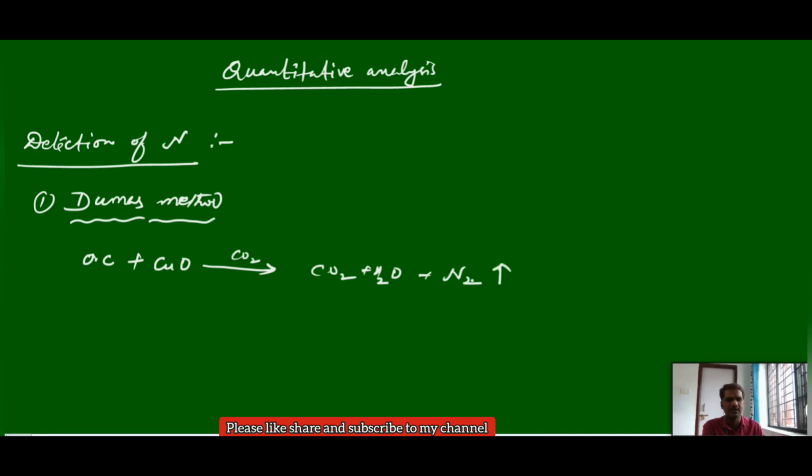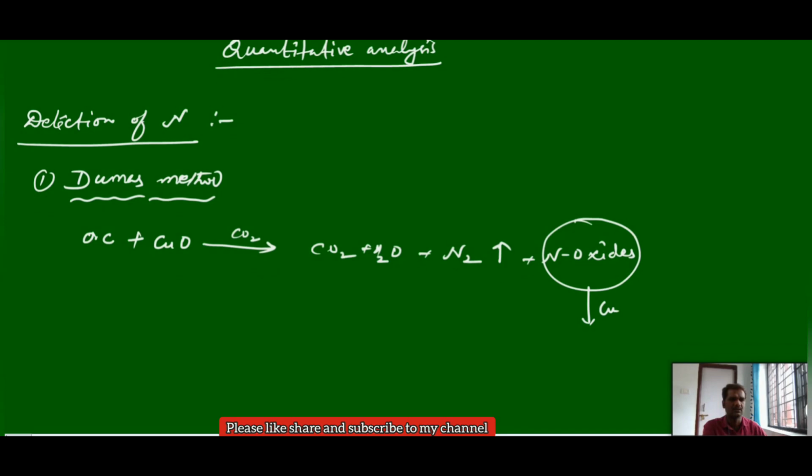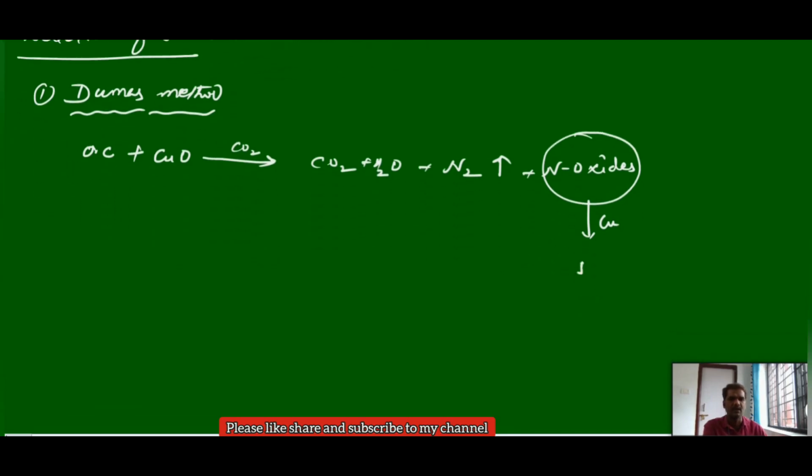It liberates nitrogen gas, and apart from that, some nitrogen oxides. Again, this nitrogen oxide mixture, if you pass it over copper gauze, the copper metal, can finally give nitrogen gas. So now overall we will get nitrogen gas, and apart from that carbon dioxide and water vapors.